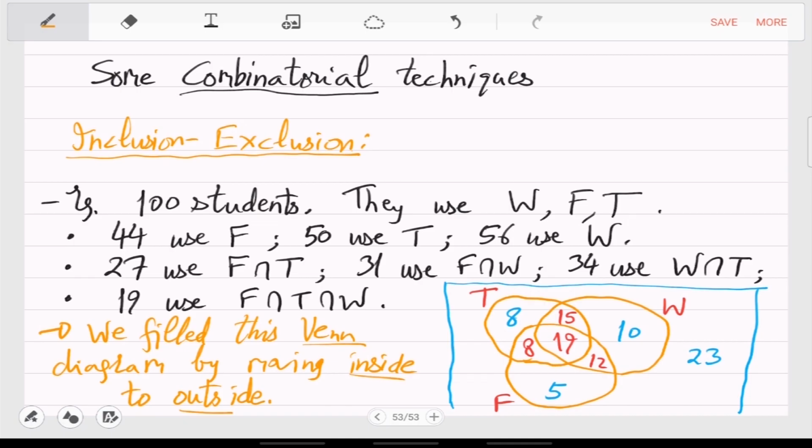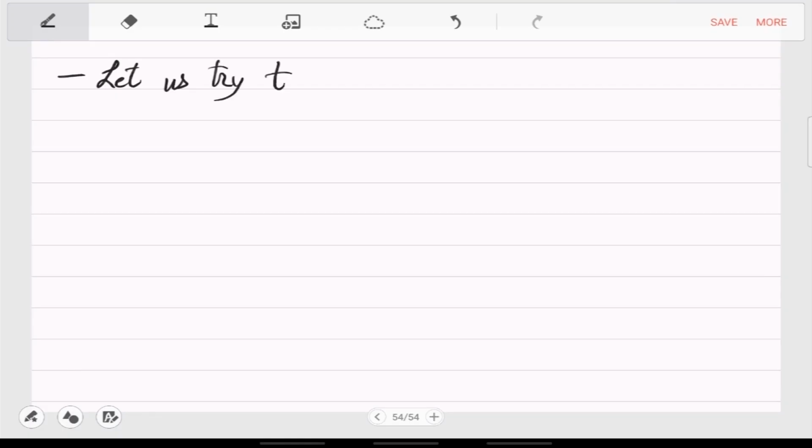Okay, so what we'll do now is we'll count it in a different way, which is doing it outside to inside, and that will be a bit more complicated. That will give our formula for inclusion exclusion. So let us try to do this outside to inside.